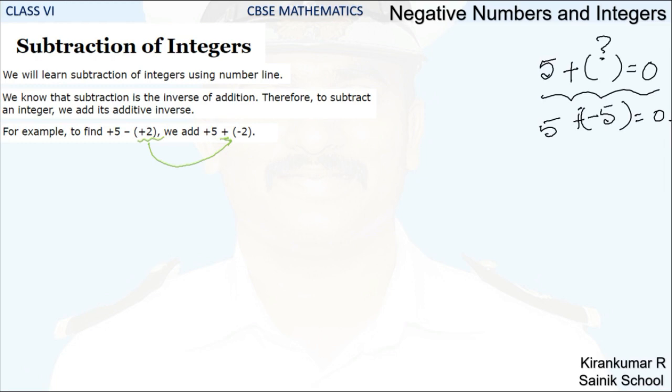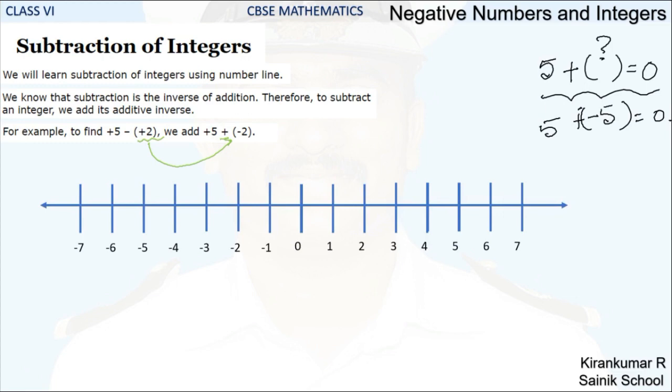For doing it on a number line, let me first consider a number line. Now the number 5 has to be considered first, then we need to add negative 2. In the addition of integers, we have seen that when a negative number is added, we move towards the left side. So we move 2 steps towards the left and we reach 3.